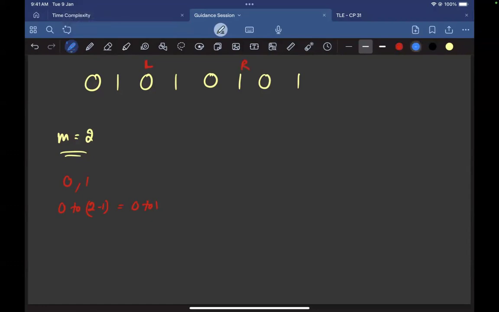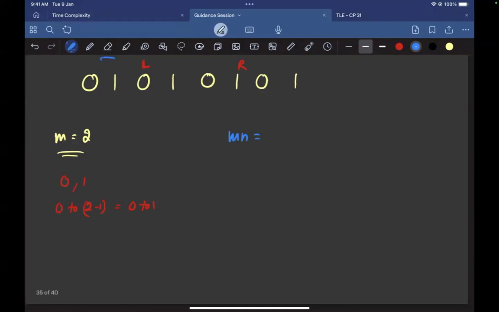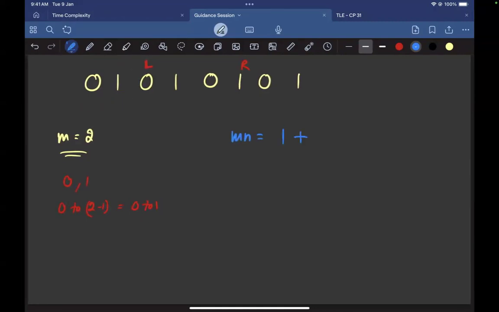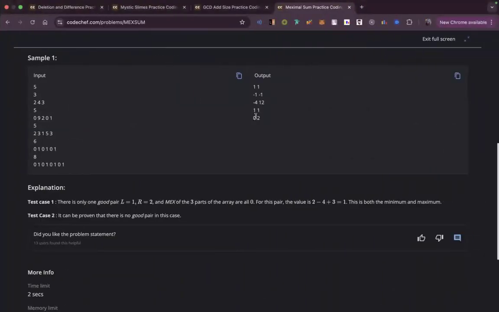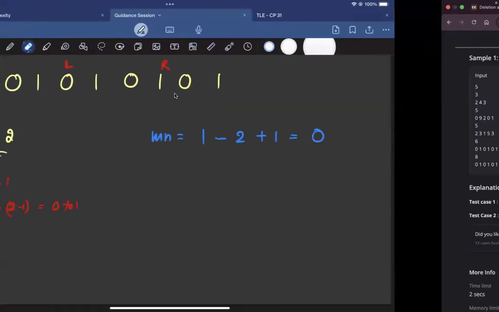Now, till now, I calculate Mn. What is Mn value? Mn value is this sum 1 plus this sum, sorry, minus 2 plus this sum back. What does this give you? 0. Go back in your problem. See, is 0 your answer? Yes, 0 was your Mn value. Clear?